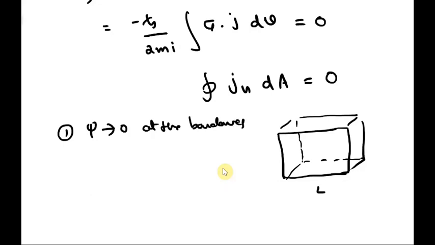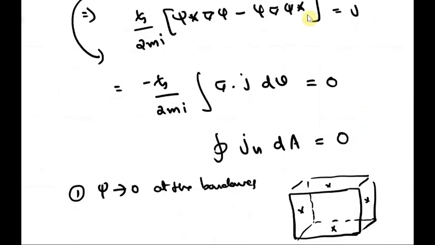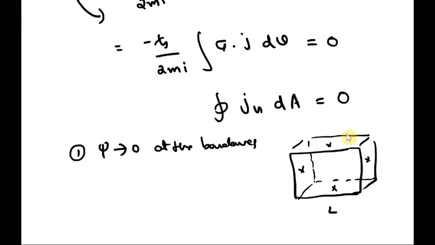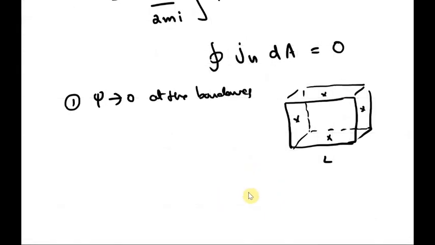If the wave function, wherever the boundaries are, is 0 at the boundary, then you will get the closed integral j·dA equal to 0 because j is this quantity. If the wave function is 0 at the boundary, this is going to be 0, and if you take it over the closed boundary, all the values are going to be 0. So you will get this condition.